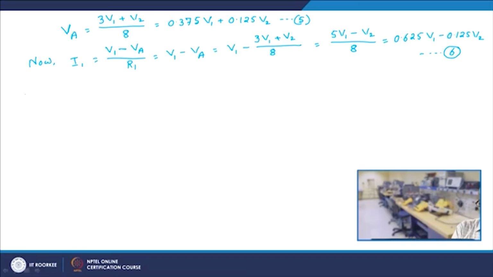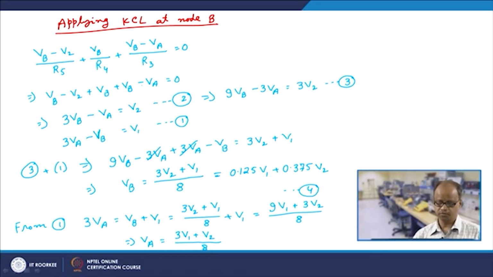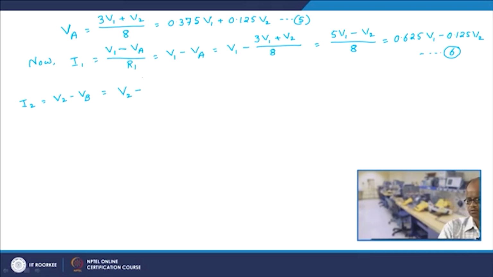And similarly, I2 is (V2 minus VB), and what is VB? VB is (3 V2 plus V1) by 8.